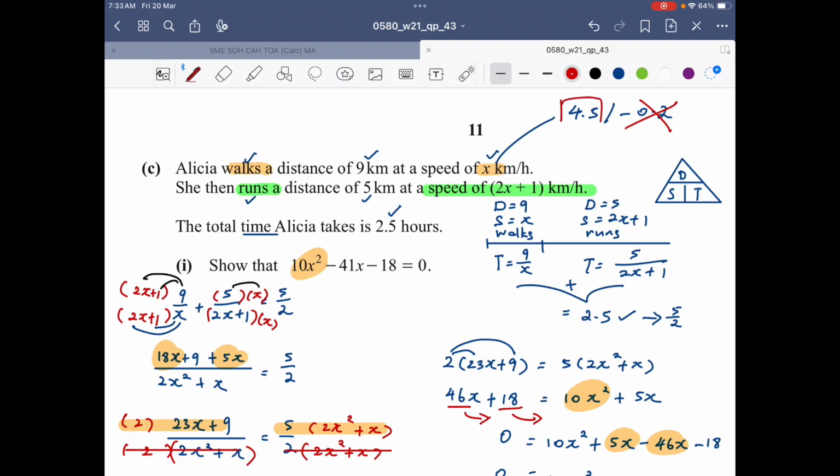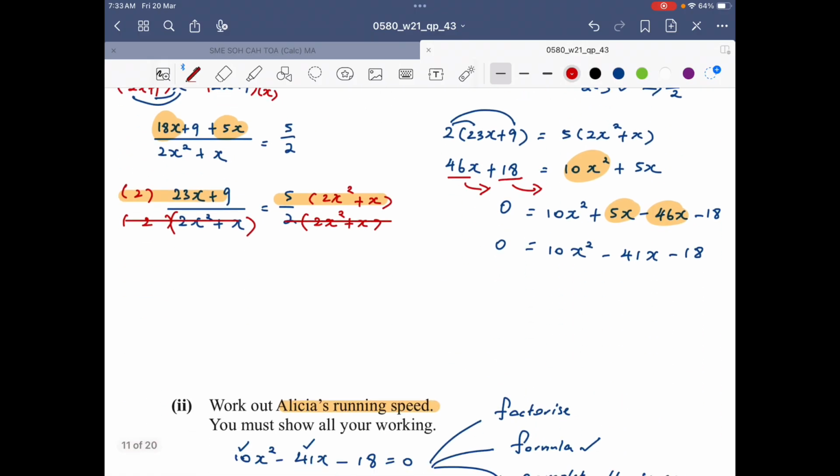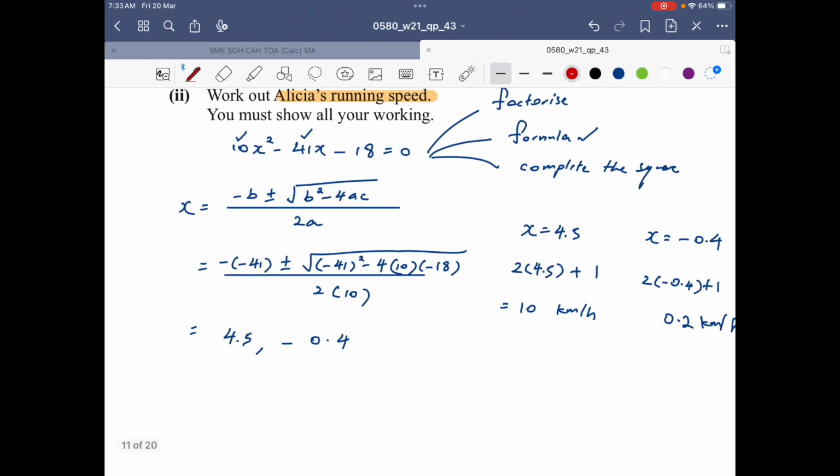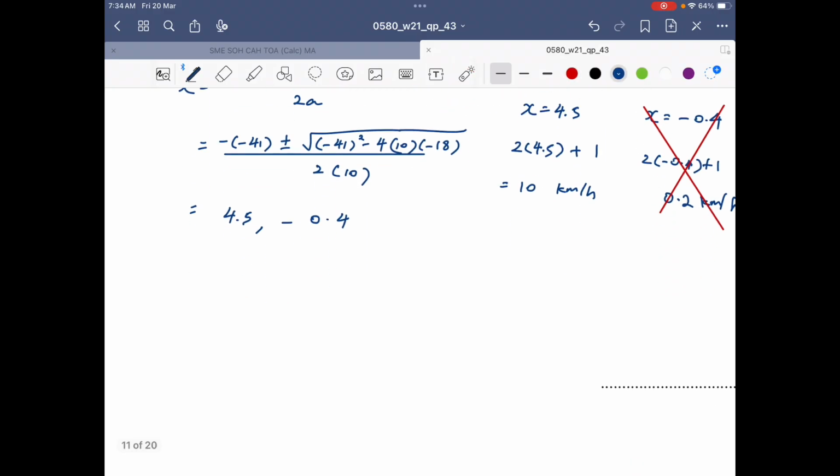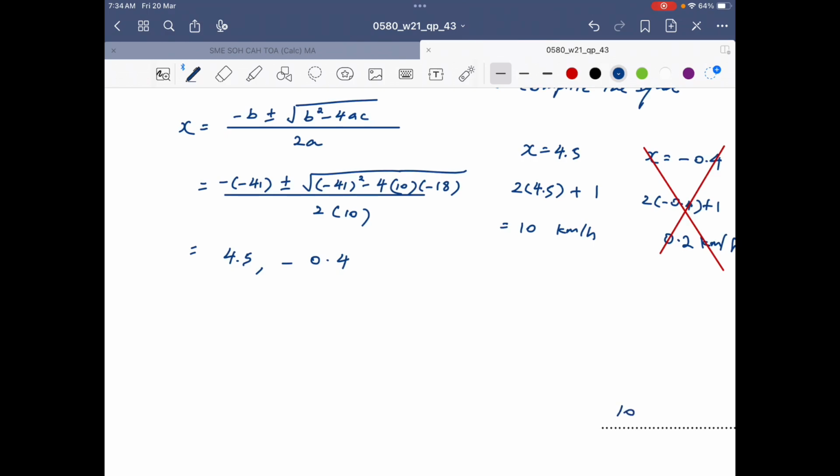The only answer should be 4.5. Okay, so we're going to accept this as the answer, even though the other value gives you 0.2 km per hour for running speed, because when it comes to walking speed, it is negative 0.4, which does not make sense. So the final answer would be 10 km per hour. The only answer for this question.